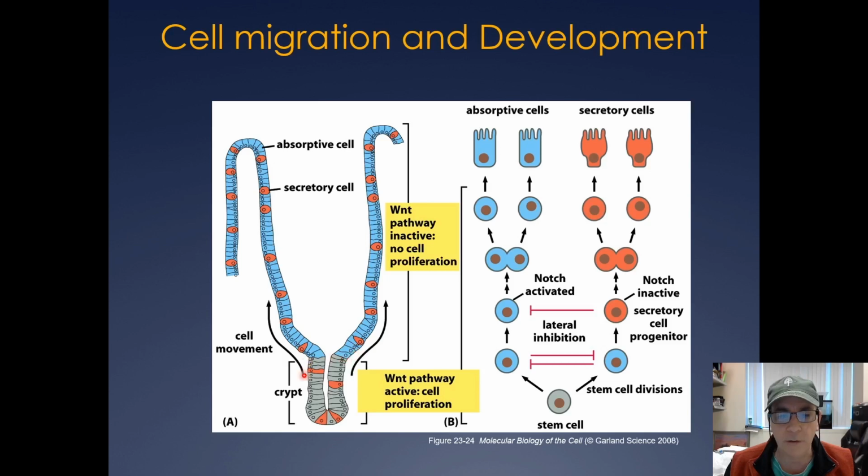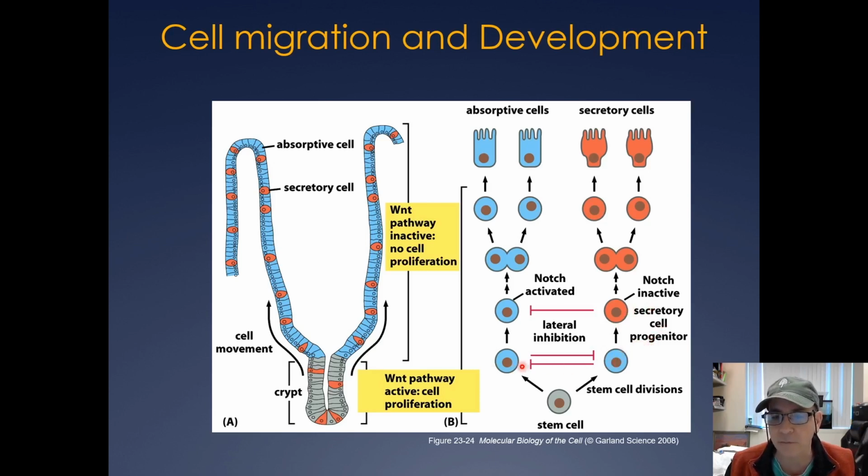And so down here the Wnt pathway is active, leading to cell proliferation, and then once you get terminally differentiated, the Wnt pathway becomes inactive and there's no cell proliferation. And so what you have down in the crypt are stem cells, and these will undergo division and self-renewal, and then you get your transit amplifying cells that can eventually become like a secretory cell progenitor.